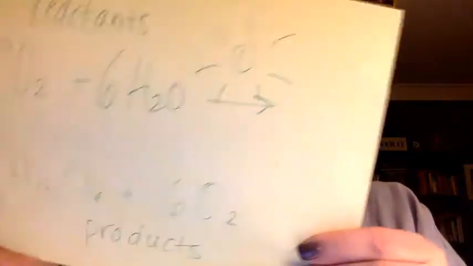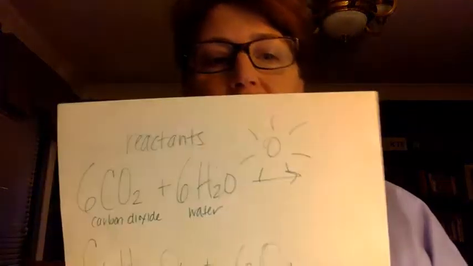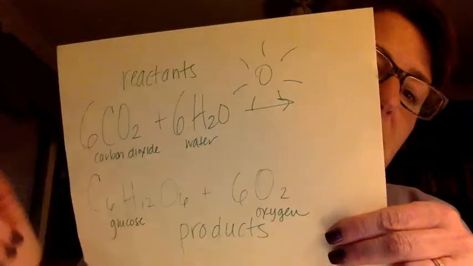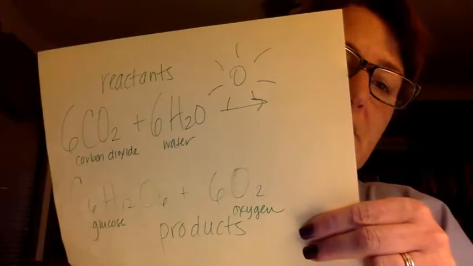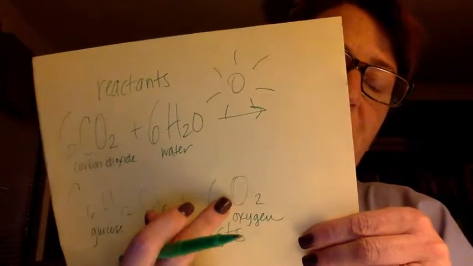These are the products. So that is carbon dioxide, and this is water, and this is glucose, and oxygen. Glucose is plant food, and oxygen is a waste product of photosynthesis, which works for us, because we breathe oxygen.